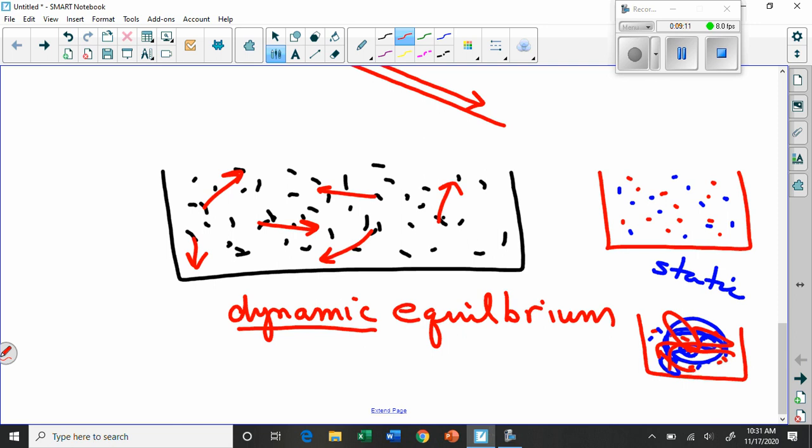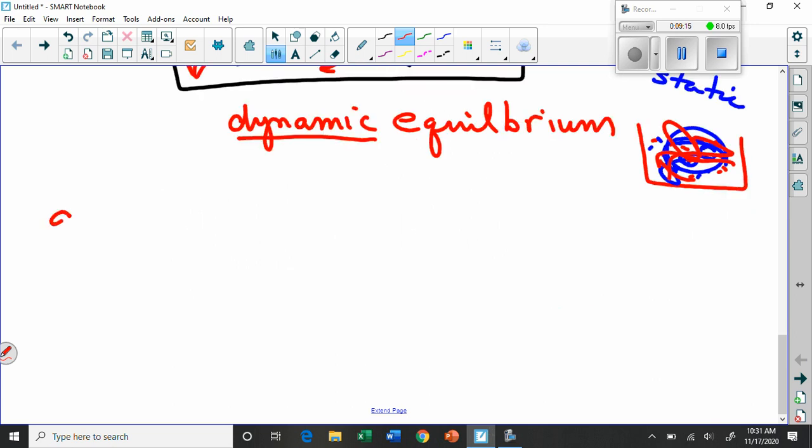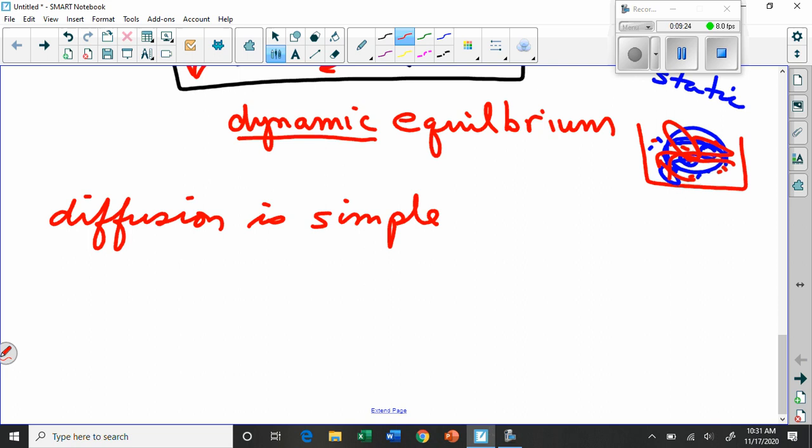Okay, so we understand that a gradient can be made. The process of sliding down a gradient is called diffusion. So diffusion is simply molecules or compounds or solutes. When we're talking about concentrations, the word we use is solute to describe the things that are inside the solution, right?